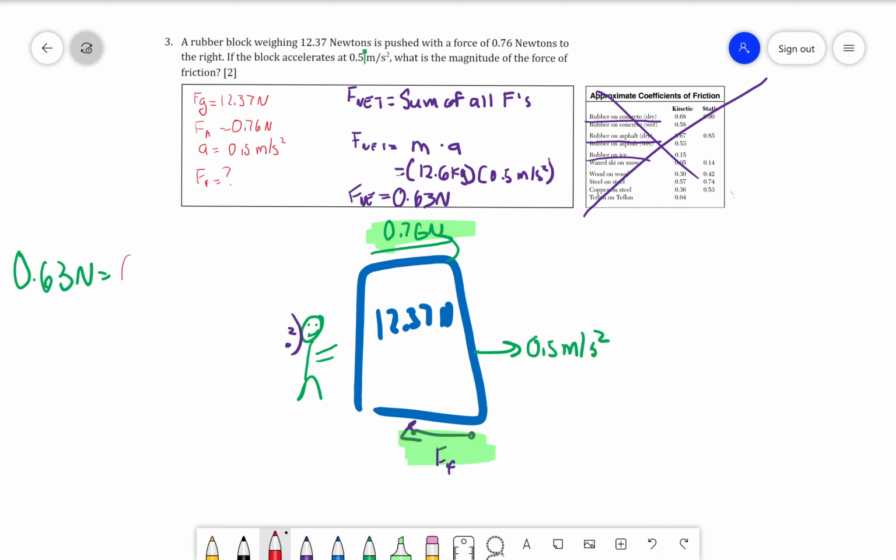So let's find out what that is. 0.76 newtons, the applied force, plus the frictional force, which I don't know, equals 0.63. Subtract away that 0.76, and I find that the frictional force should be negative 0.13 newtons. And that's your final answer.